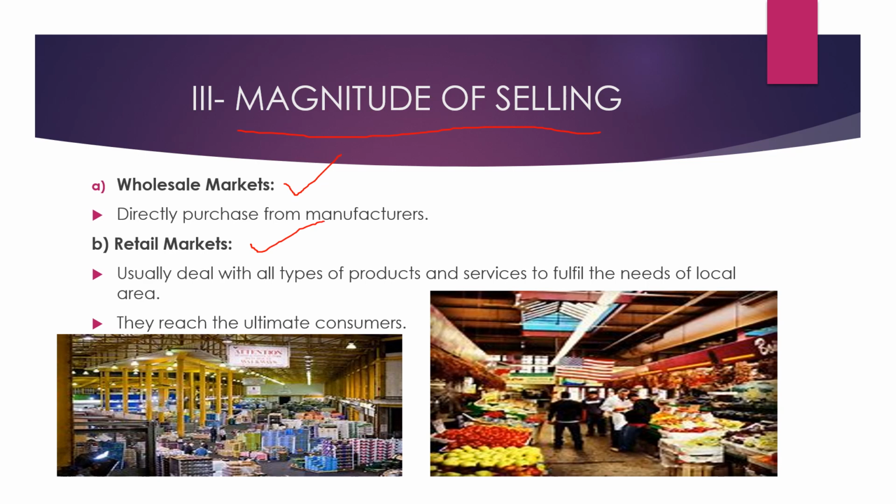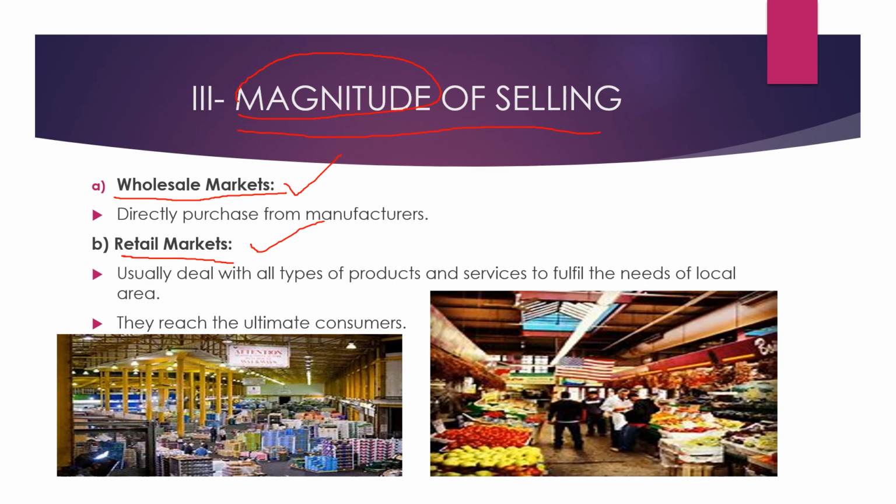Magnitude of selling means the way in which the selling activities are taken care of. The mode of selling on a whole price basis will be called wholesale marketing, and on a retail price basis, that is with maximum retail price, will be called retail markets.